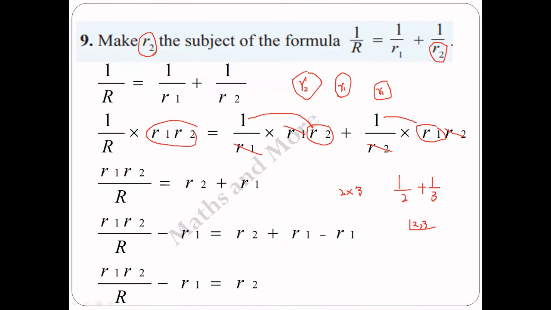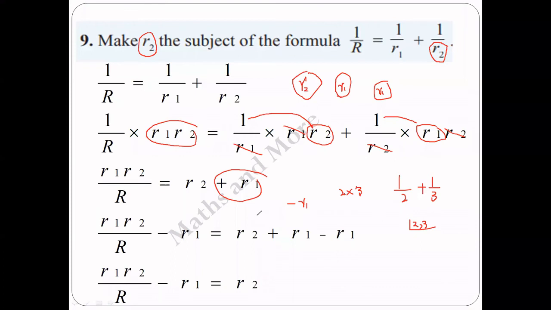Now we want to make R2 the subject. So we have to keep only R2 in the right hand side. Remove the other terms. What is the other term here? R1. You have to remove R1. To cancel out plus R1, you have to subtract R1.